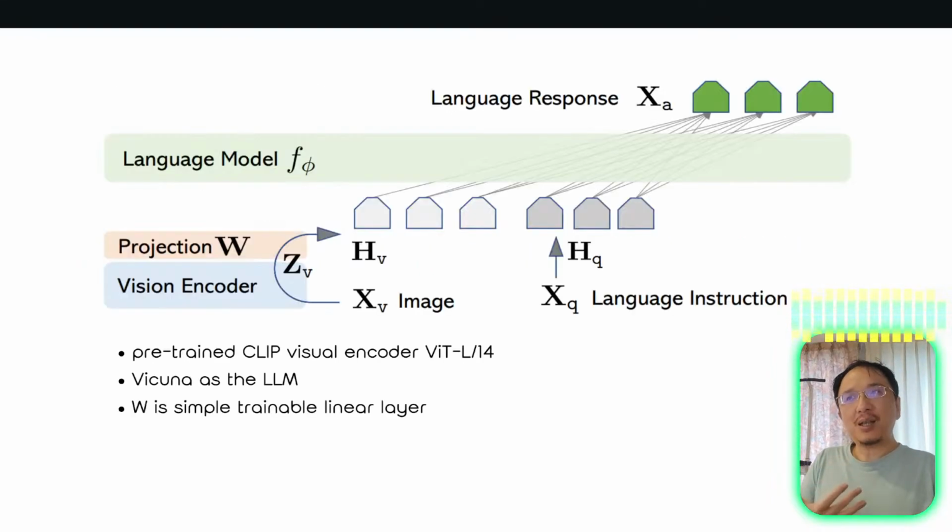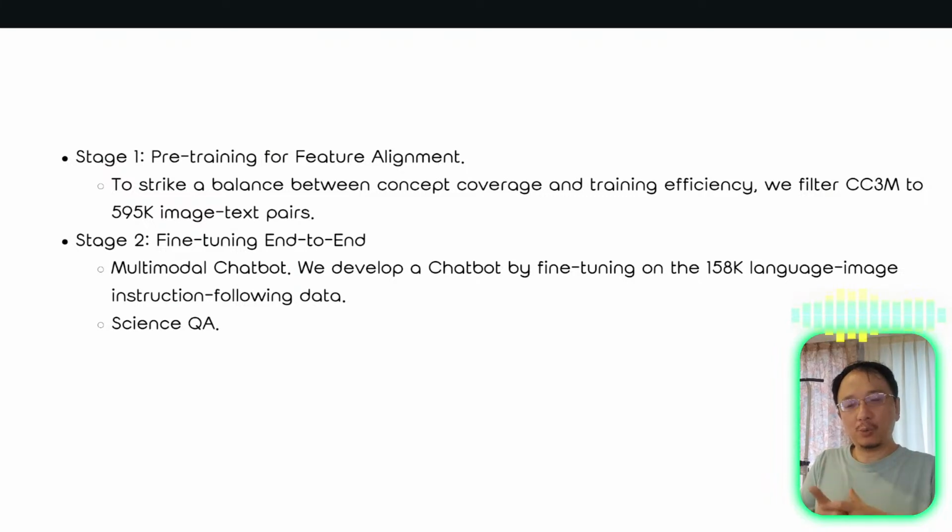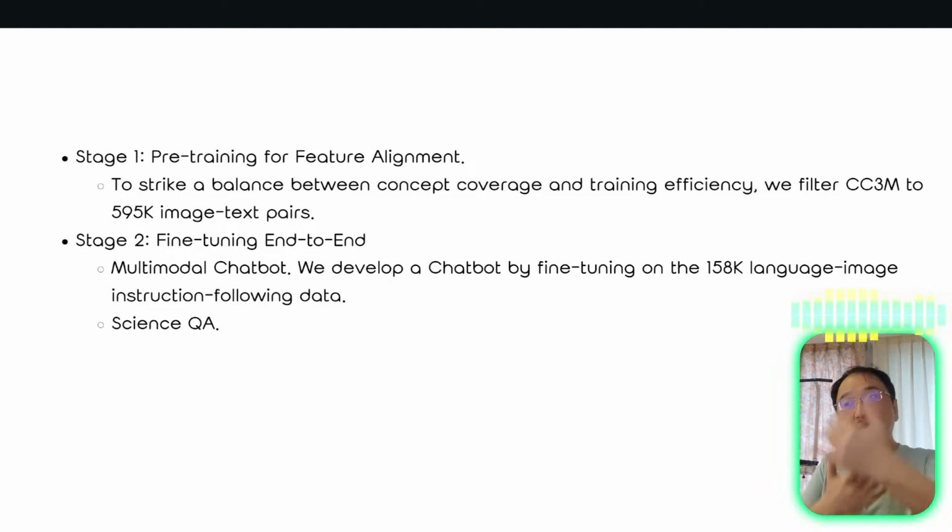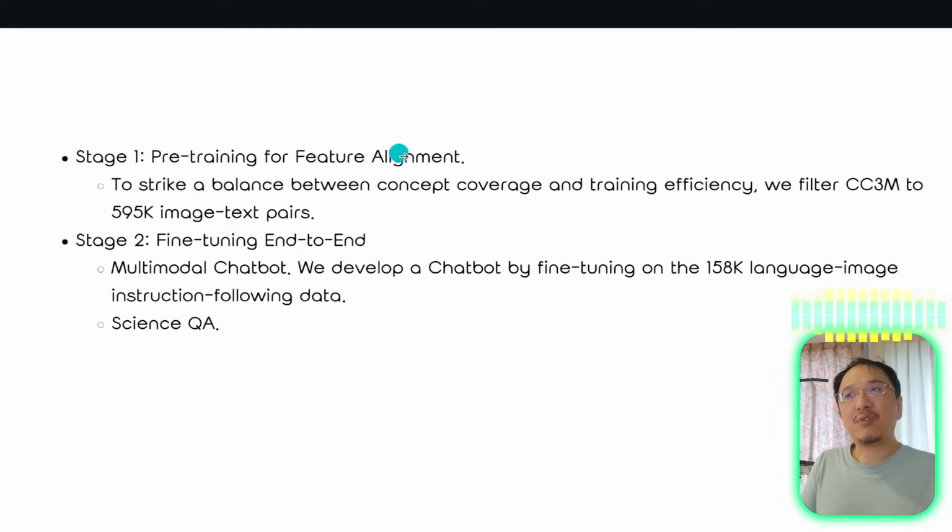So it would be nice if, just like we do with the language model, we first build a non-instruction base model, then do the instruction fine-tuning. So at the first stage, it trains on a more general, larger dataset. It filtered CC3M, because we still need it to be fairly high quality.